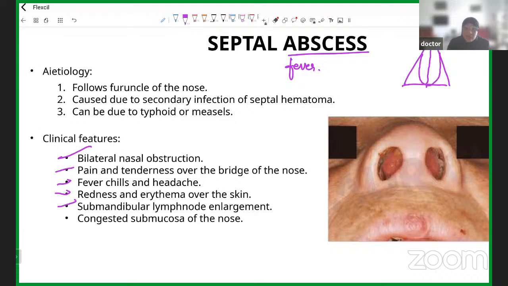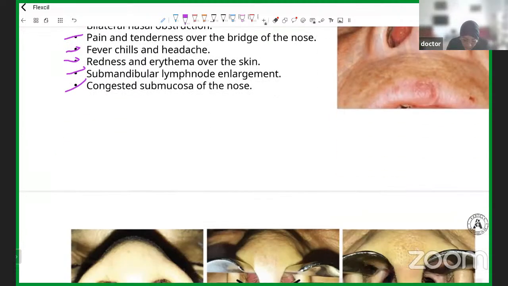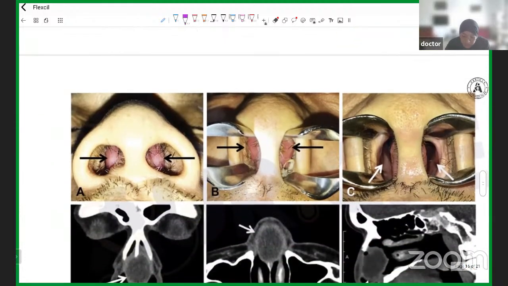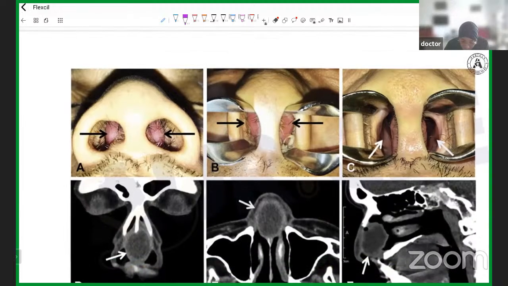So these patients will have submandibular lymph node enlargement and a congested submucosa of the nose, because it's obstructing the pathway of breathing. You can see here, this is not actually any polyp. This is an abscess inside the septal cavity. Now, an abscess is a secondary infection of septal hematoma.